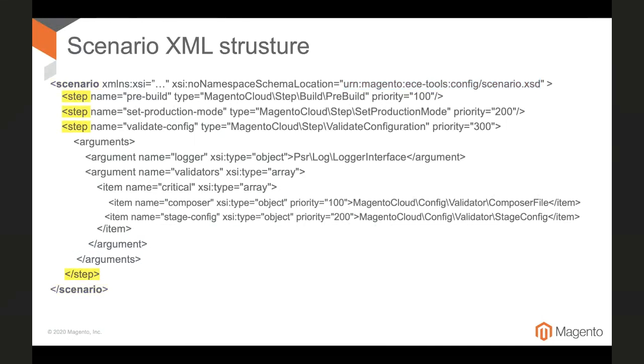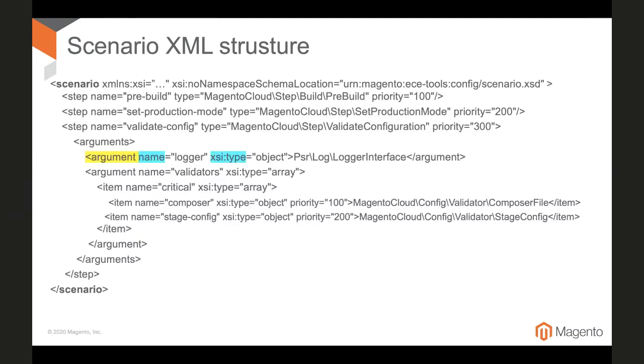In scenario, you may have an unlimited number of steps with attributes: unique name, priority to create an order of the steps, and of course type. Also, a step may have some arguments with different types. It could be array, object, etc. And items in these arguments also may be of different types.